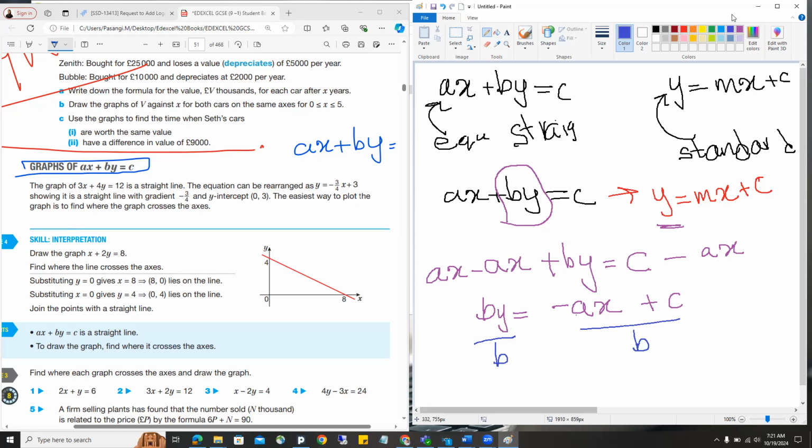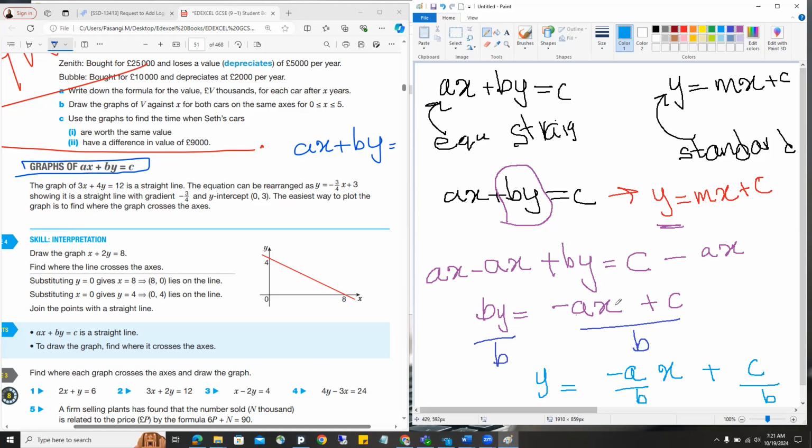That means y is equals to minus a over b x plus c over b. Is it clear?